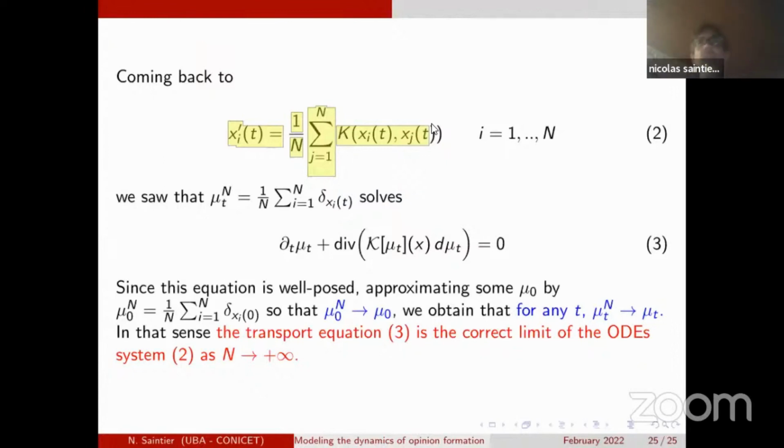And the other thing which is quite nice with this continuity with respect to the initial condition is that if we come back to the Cucker-Smale model, once we can prove using ODE techniques that all the birds are asymptotically flying with the same velocity, maintaining constant relative positions, then we can translate these properties to any solution of the transport equation, where K comes from the system of ODEs.